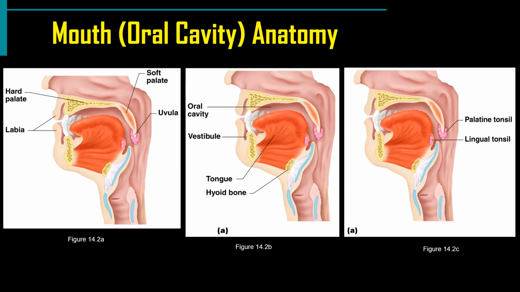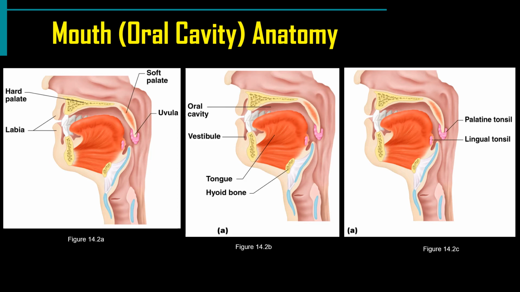And next, we have the uvula, which is a fleshy projection of the soft palate. Next, we have the vestibule, which is a space between the lips externally and teeth and gums internally.